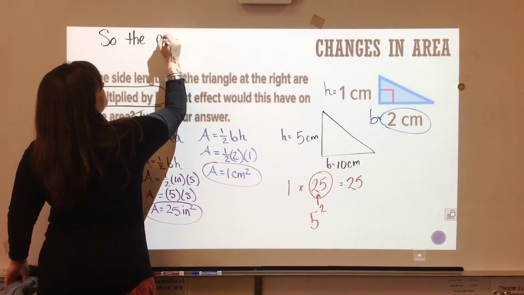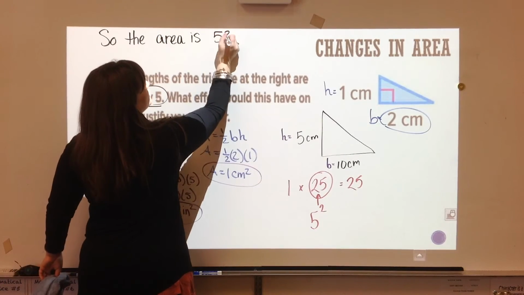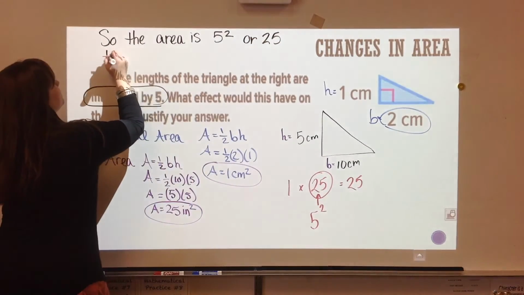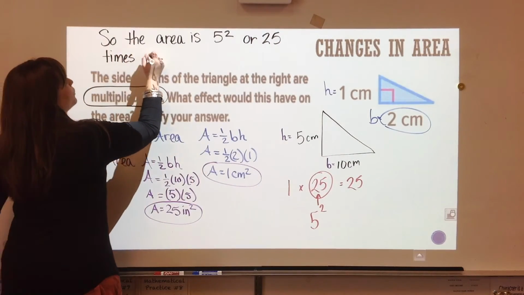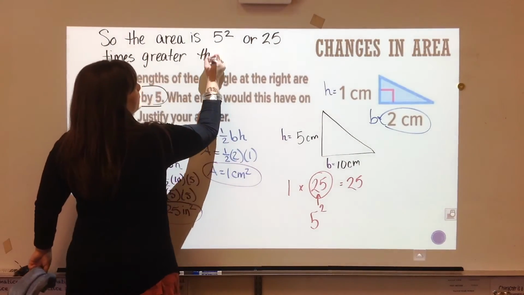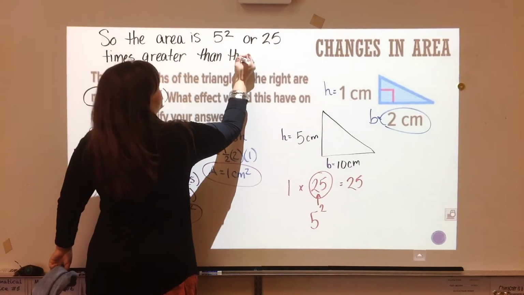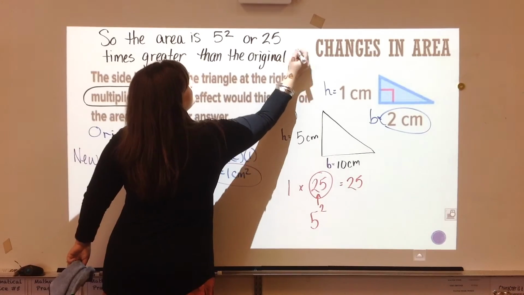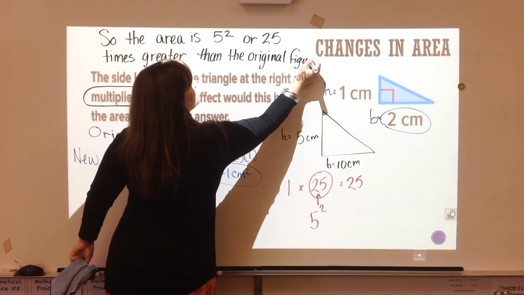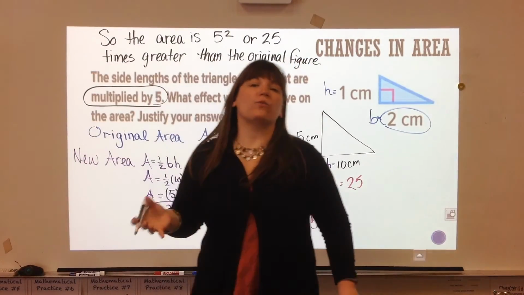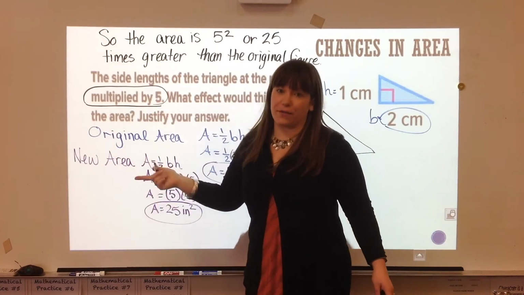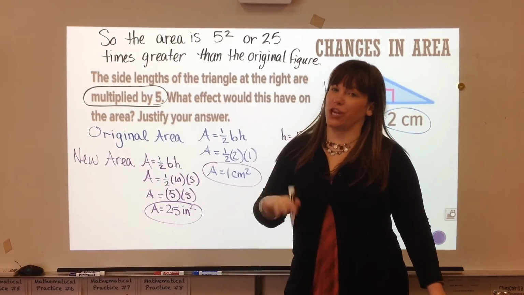So the area is 5 squared, or 25 times greater than the original figure. The only change here is that we are not just using the 5, we have to square the 5, and that will be the change in area.